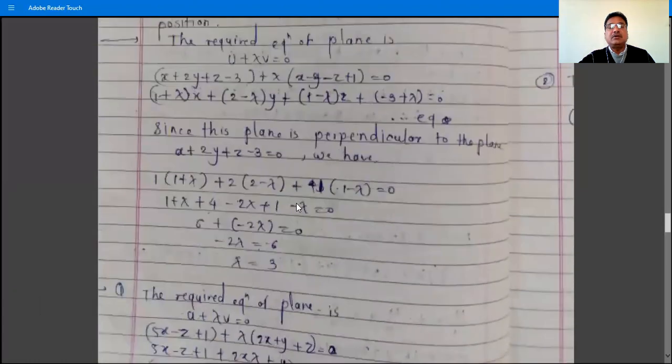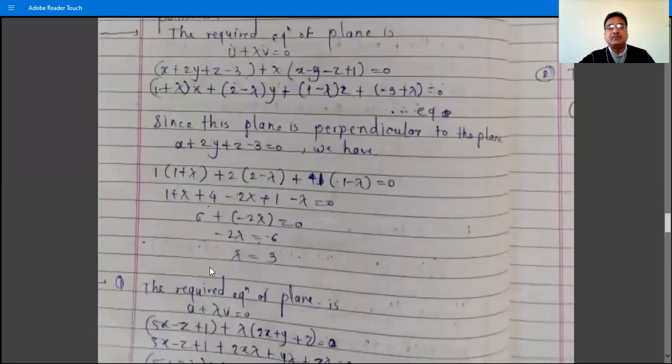This is the equation of the required plane. So write one more step here: substitute lambda is equal to 3 in equation star. We get the required equation of plane as 4x minus y minus 2z is equal to 0.